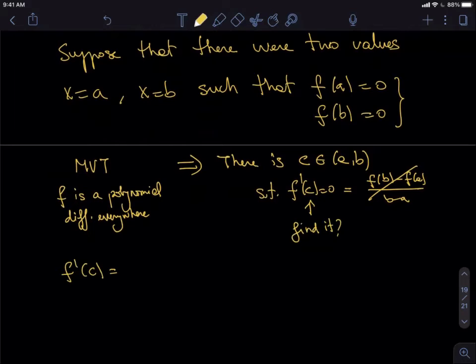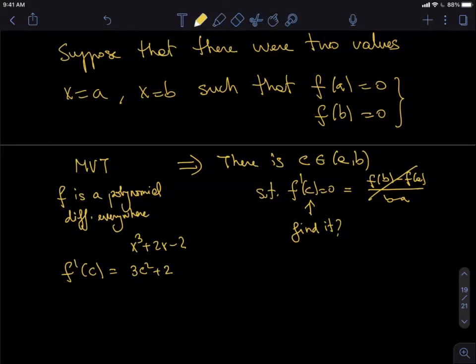We have x to the power 3 plus 2x minus 2, so the derivative is going to be 3x squared plus 2, evaluated at c. There you have it. 3c squared plus 2.